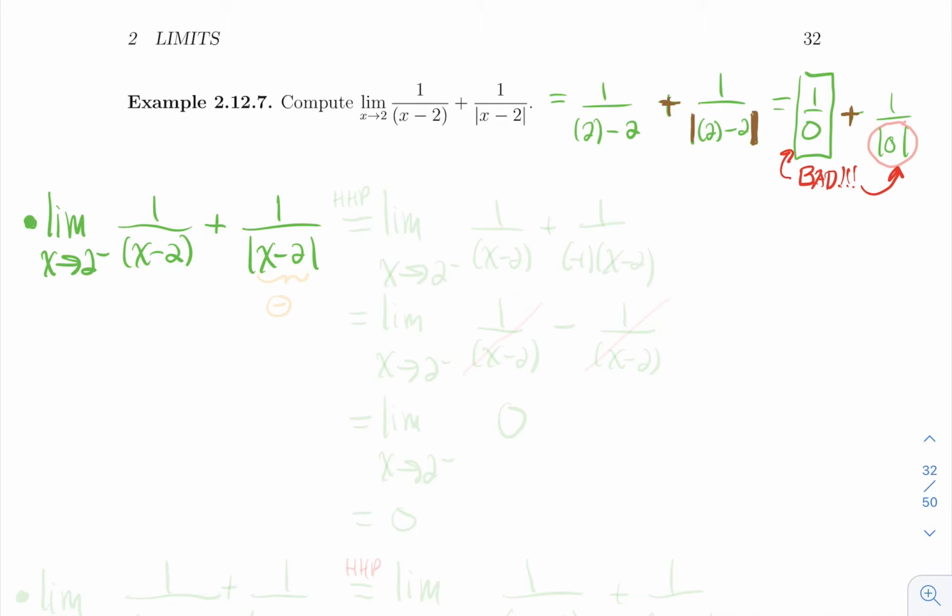So first thing, always get rid of your absolute value. So when x is smaller than 2, the inside here will be negative. 1.9 minus 2, that's going to be negative. So to get rid of the absolute value, you need to multiply the inside by minus 1.